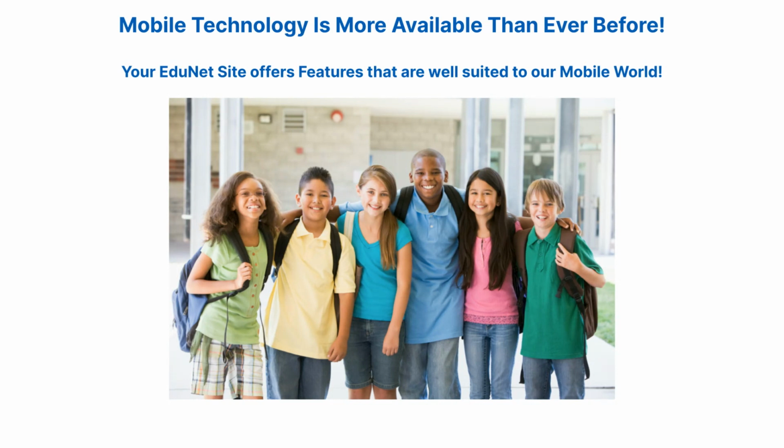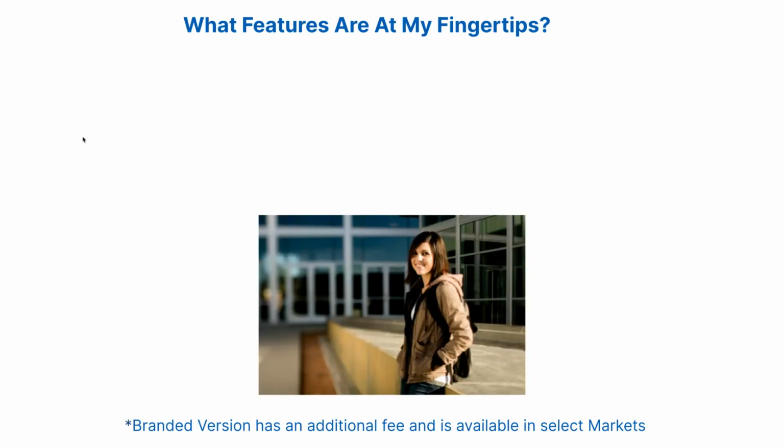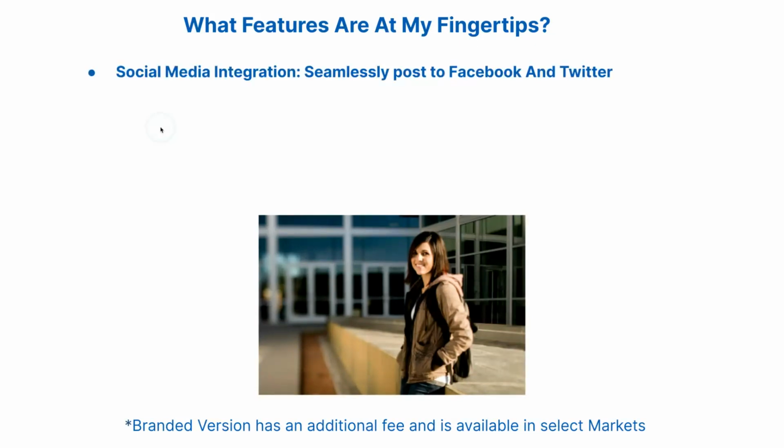The great thing is that the site that you already have offers features that are very well suited to our mobile world. So what features do we have available to us right now? One of these is, of course, the social media integration. We're going to take a look at this here. You can seamlessly post to Facebook and Twitter. As I mentioned, there's a total of 6 different features that make use of this.